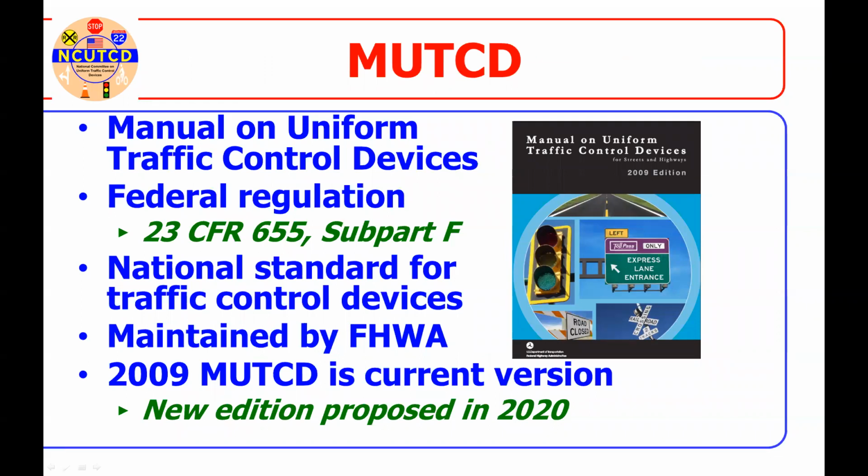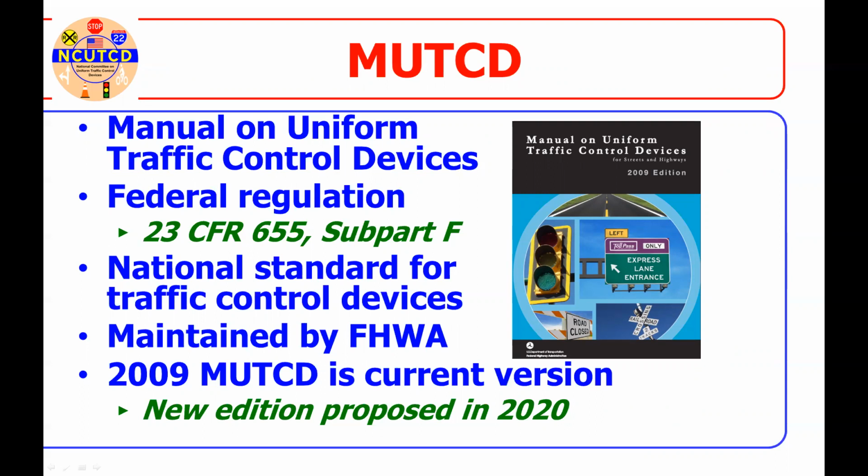The letters MUTCD stand for the Manual on Uniform Traffic Control Devices. It is defined in the Code of Federal Regulations as the national standard for all traffic control devices installed on any street, highway, bikeway, or private road open to public travel.